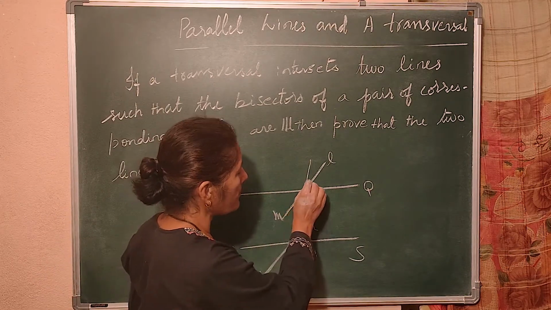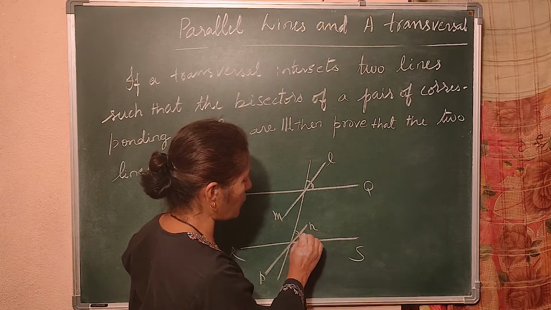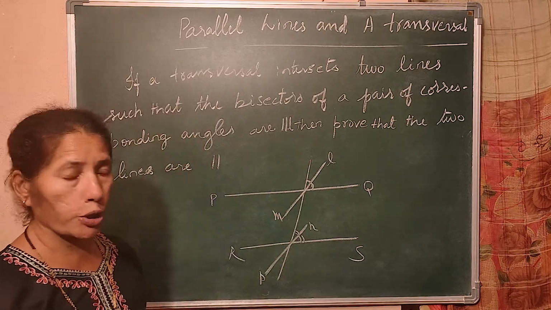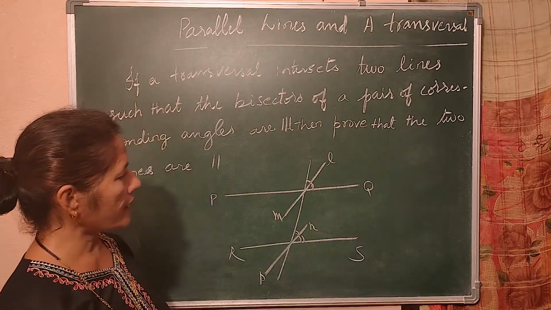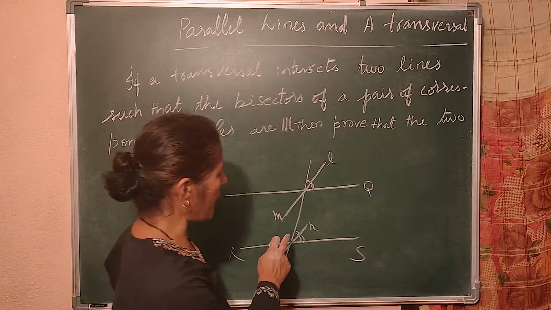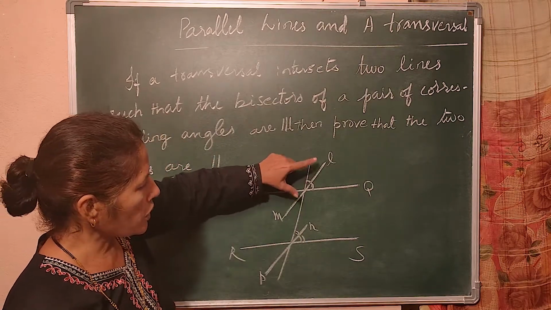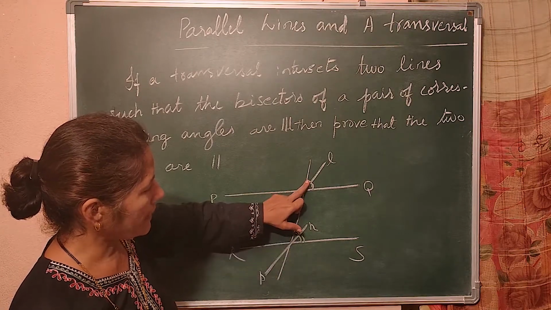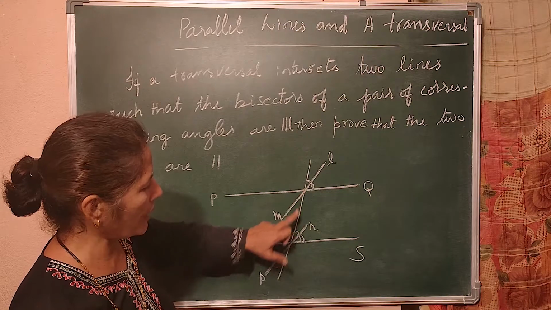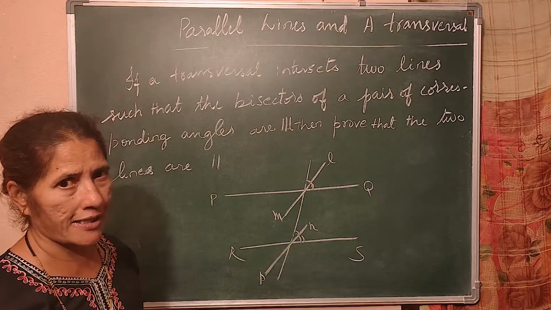Bisect means this angle is equal to this angle and this angle is equal to this angle. So these angles are equal. They are corresponding angles.